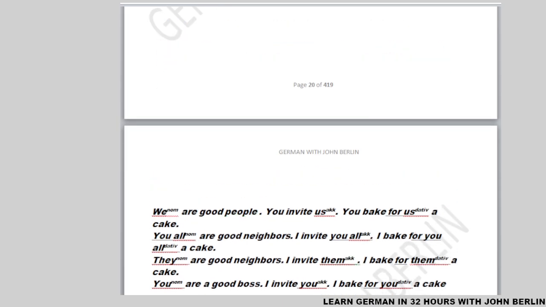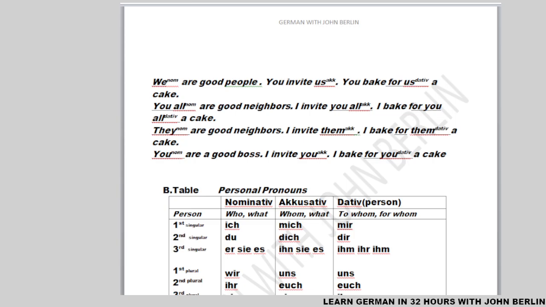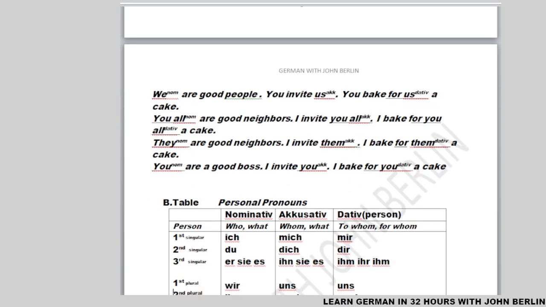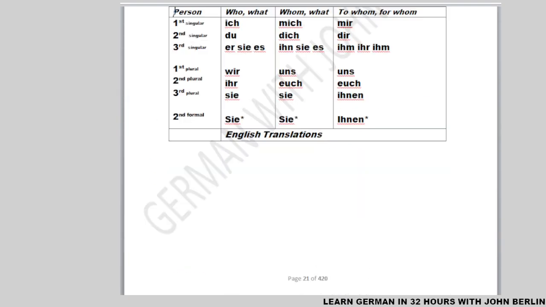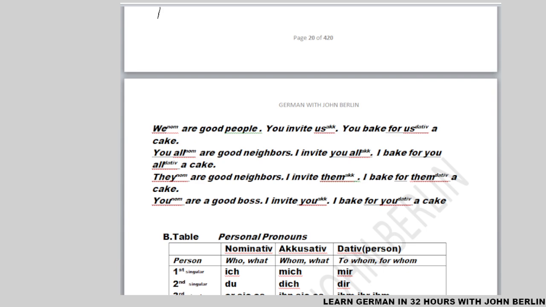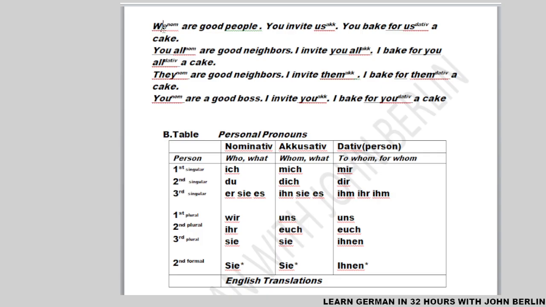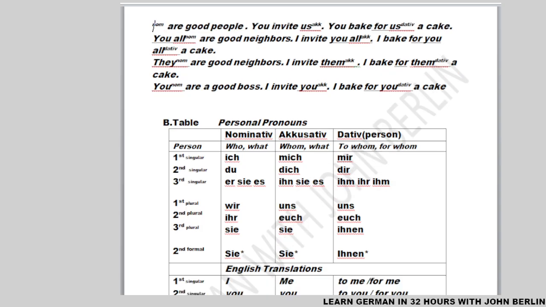All right. Now, we are good people. What is we we had learnt? As you can see below. Okay. Perfect. Better now. Right. So, we in German is, you can look at the table and tell me.